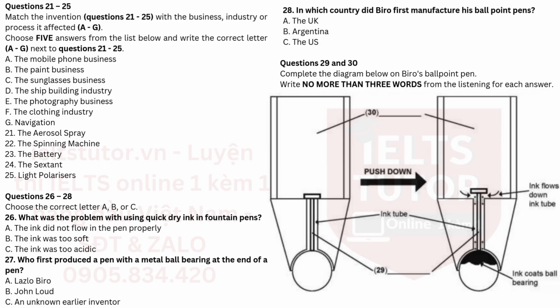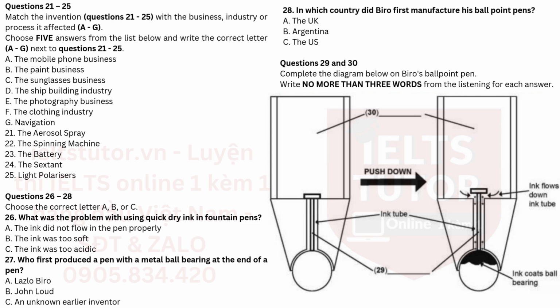Loud invented his pen, which had a reservoir of ink and a roller ball, in order to apply thick ink to leather hides. Loud's pen was never produced, and neither were 350 other patented designs for ballpoint pens over the next 30 years. The problem was the ink. If it was too thin, the pen leaked. If it was too thick, the pen clogged, and sometimes it did both.